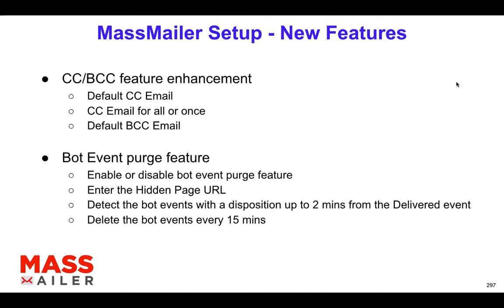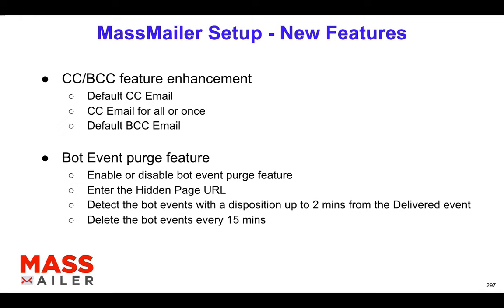When it comes to MassMailer setup, as you all know, it's a configuration thing, and it also involves a lot of functionality when it comes to outreach wizard features that you would see, especially when it comes to emailing. CC and BCC, we have enhanced this feature. If you remember, we never used to have the default CC and default BCC email. We added that.